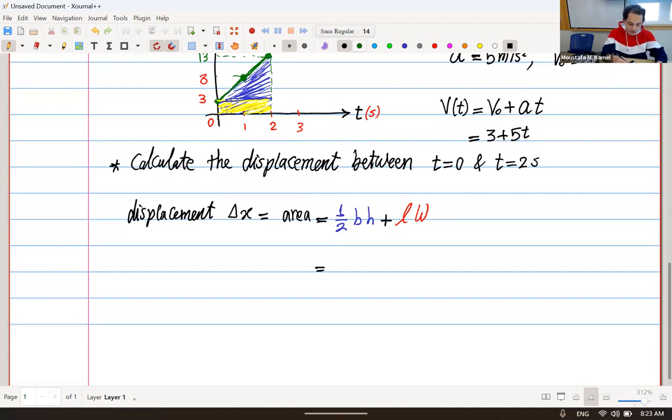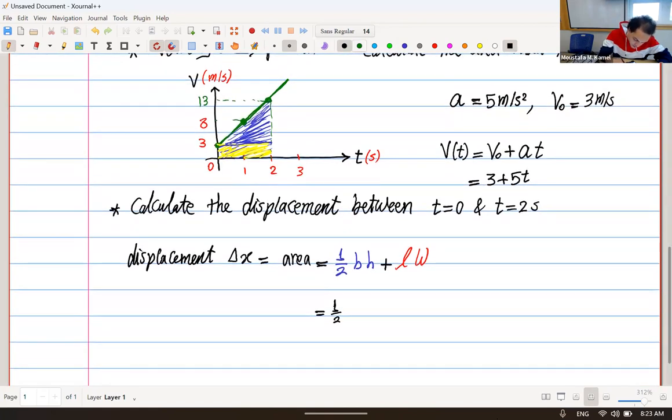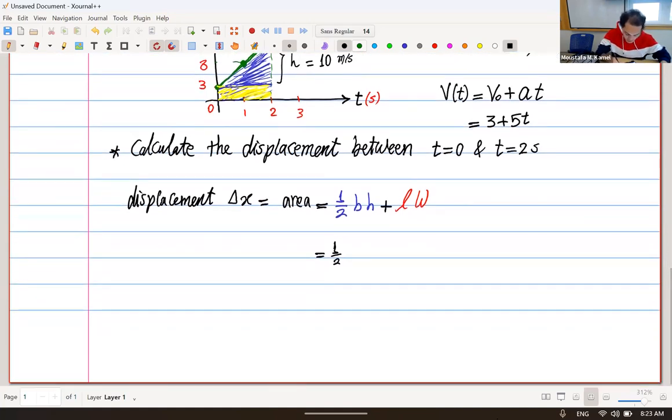So here the base is just 2 seconds, and this part is the height of the triangle. So this is 10 meters per second, right? Because it's starting from 3 and ending at 13, so the height is 10. So the base is 2 and the height is 10.